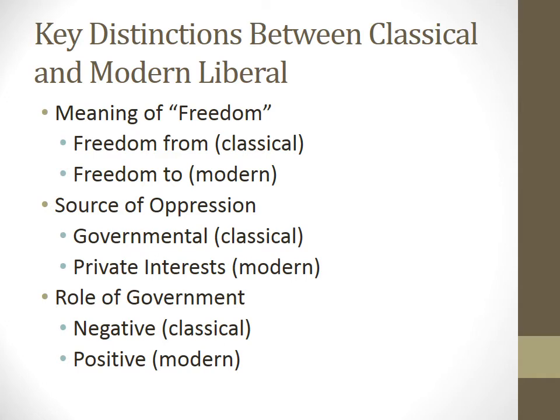In modern liberalism, the presumption is that private interests can have as much oppressive force as government, particularly large corporations and companies that exploit workers. The third biggest difference, again, I mentioned, is the difference in the role of government in dealing with individuals.